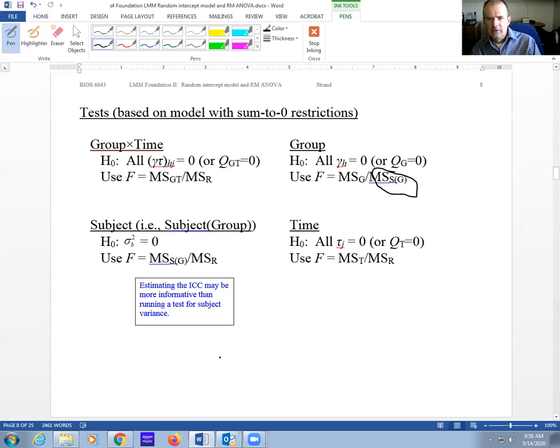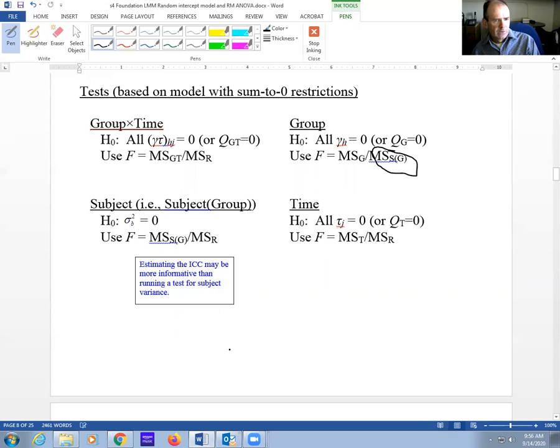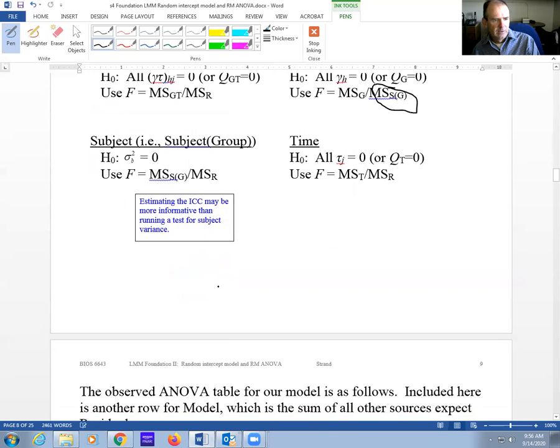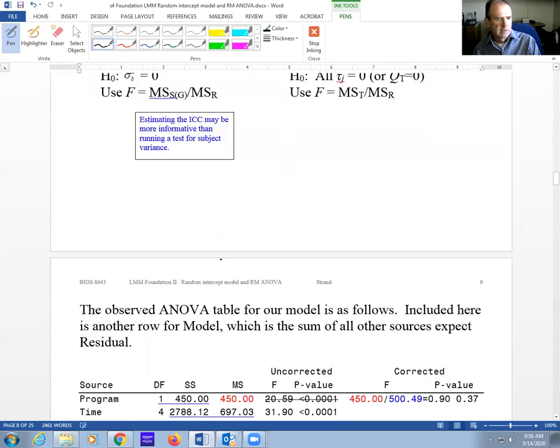Usually there's variance there. Is it 0 or not is usually not interesting. The question is, is it substantial? Is it non-negligible? So actually estimating that quantity may be more informative than running that test.